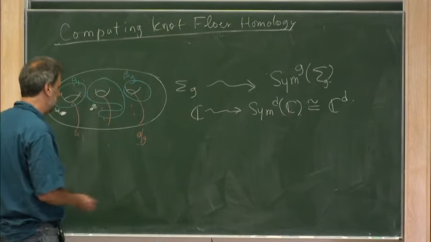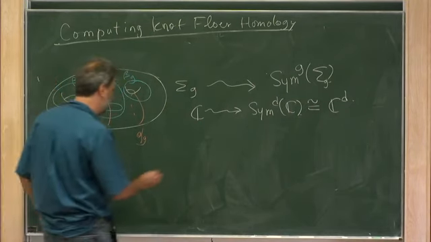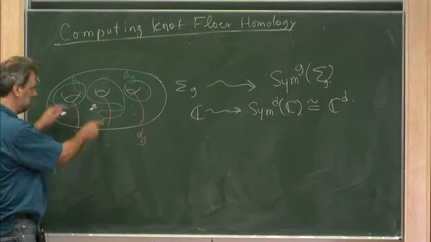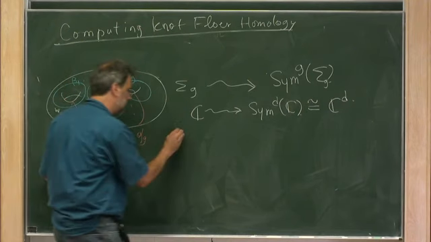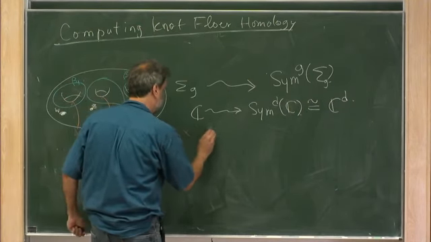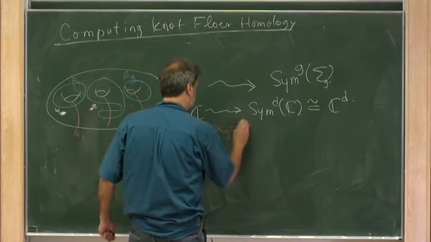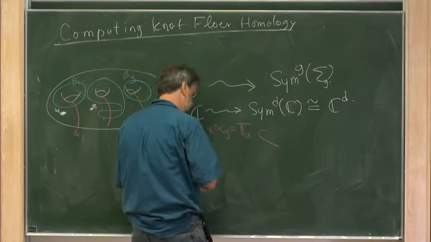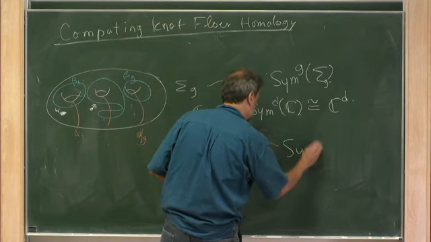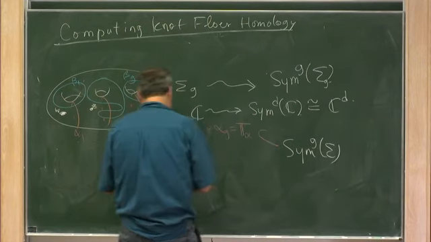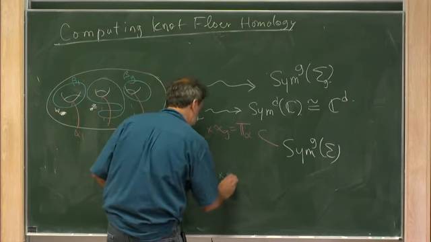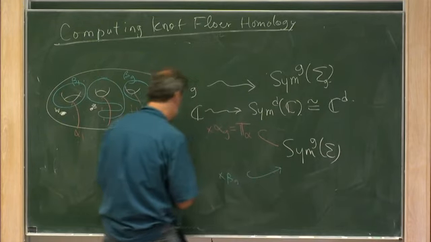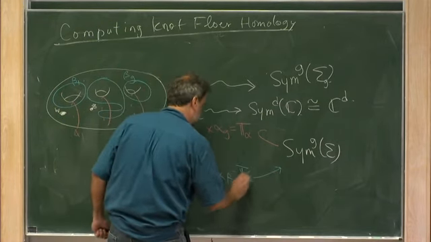Sitting inside it, we have a Lagrangian, those g-tuples of points where one point lives on each alpha circle: alpha 1 times up to alpha g, called T alpha, sitting inside Sym^g of sigma. We also have beta 1 up to beta g, also sitting in Sym^g of sigma. This is the beta torus.